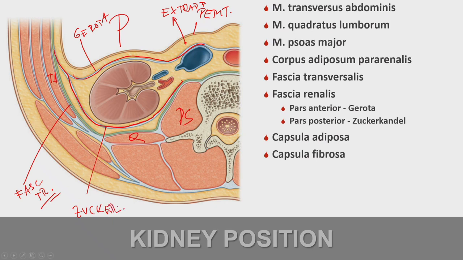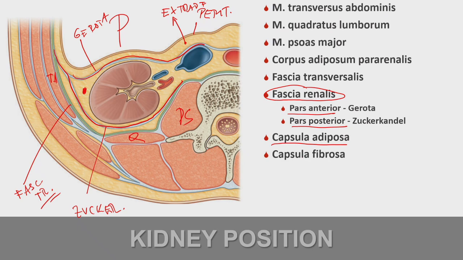Those are the two sheets, pars anterior and posterior, of the renal fascia, and the fascia renalis delineates a space in which we can detect fatty tissue, which is perirenal, and this is called capsula adiposa. Capsula adiposa is the fatty tissue in the bed of the kidney.